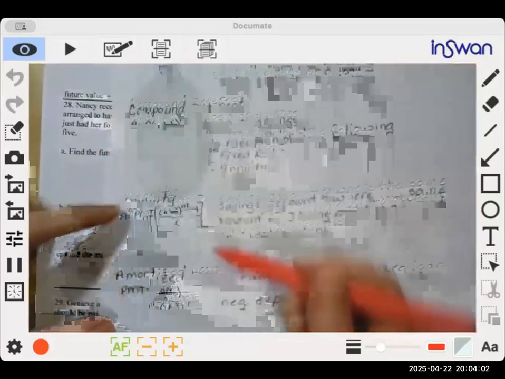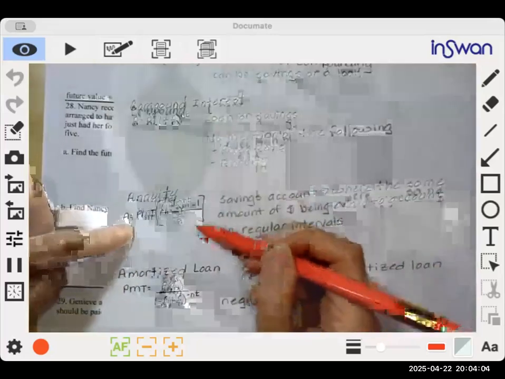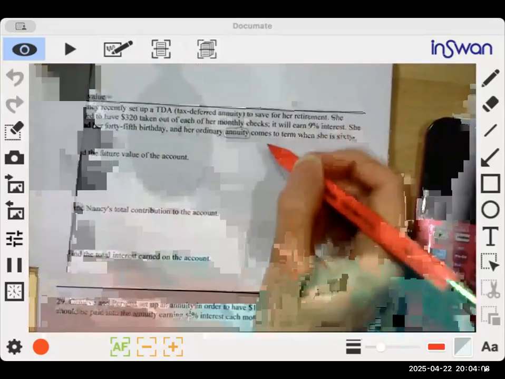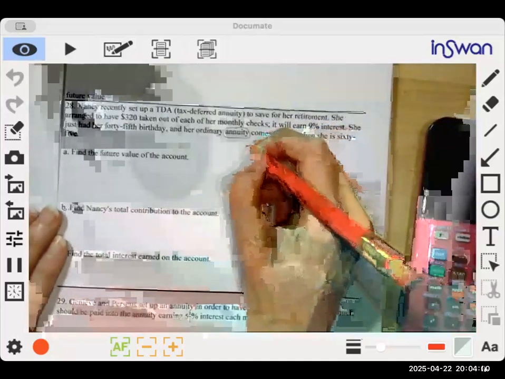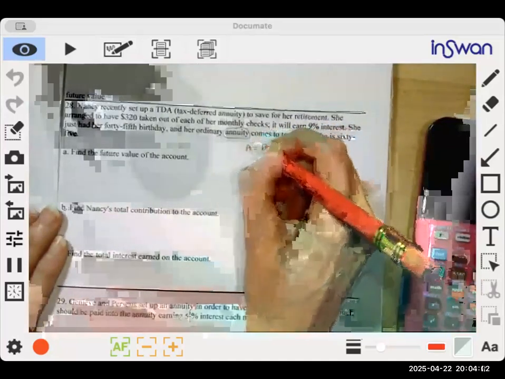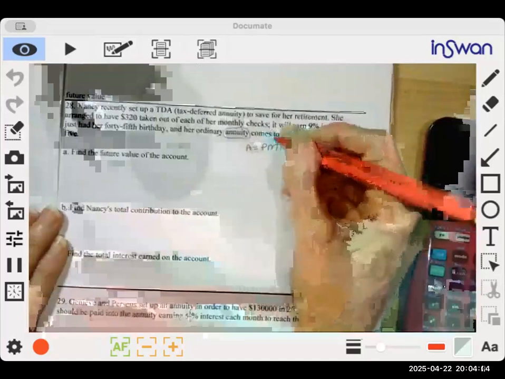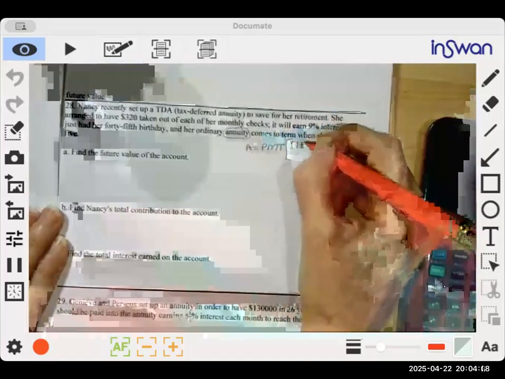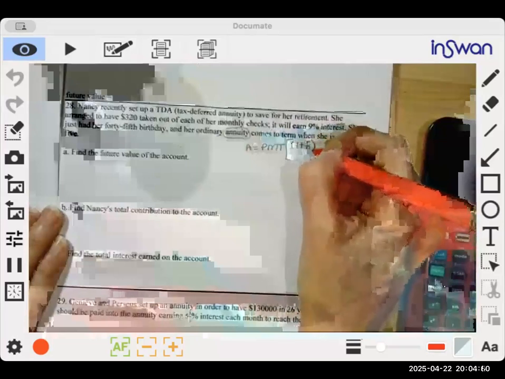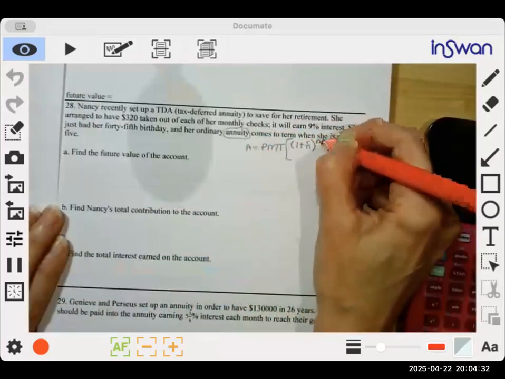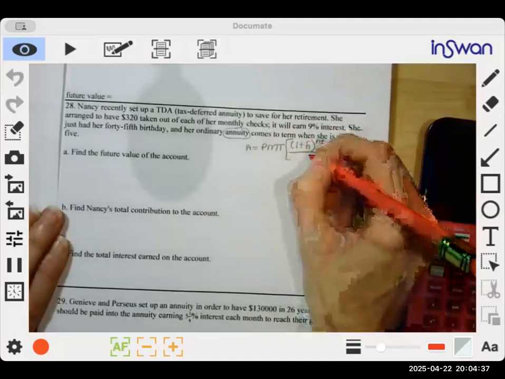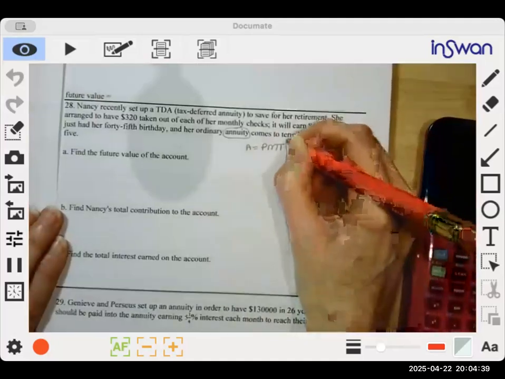There are two large formulas, and annuity is the one with all the positive exponents. So A equals the payment times 1 plus R over N to the NT minus 1, over R over N.